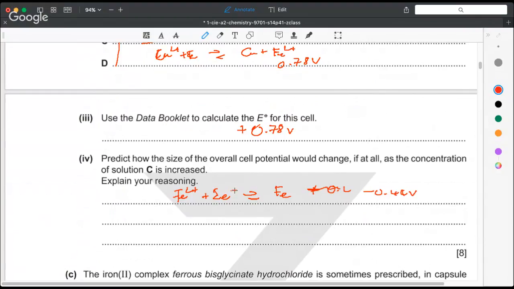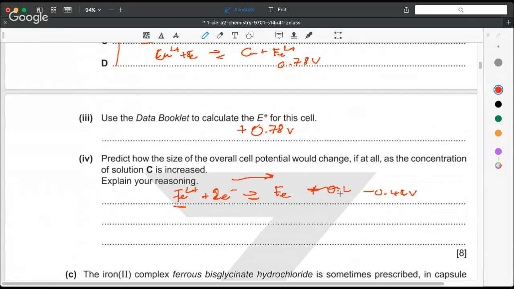And the question is saying, well, if I increase the concentration of this, what's going to happen? If I increase the concentration of this, then the position of equilibrium is going to be shifting this way, isn't it? All right? And that means that if you look at that equilibrium, then I will have fewer electrons because the position of equilibrium is shifted to the right.